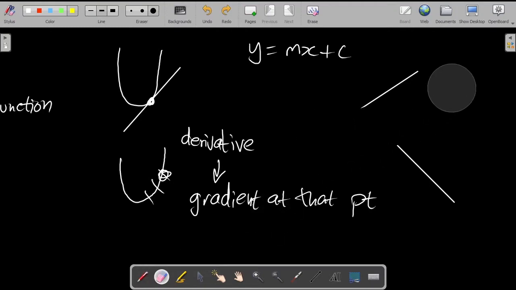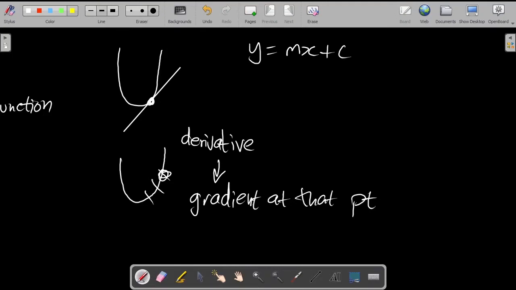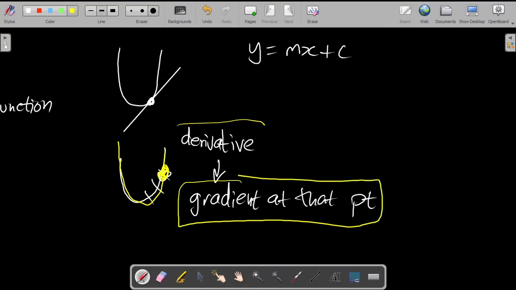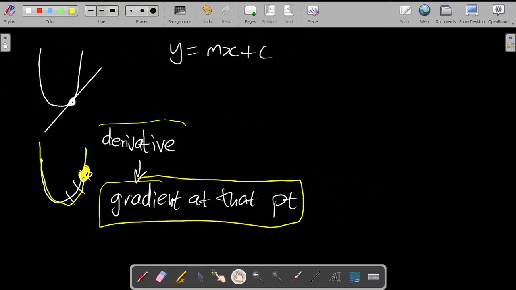That is what we know. So now, if we know that the derivative at a specific point of a graph, let's say this parabola over here, has a certain gradient, then we can use that information to our advantage. And here's how we'd use it.